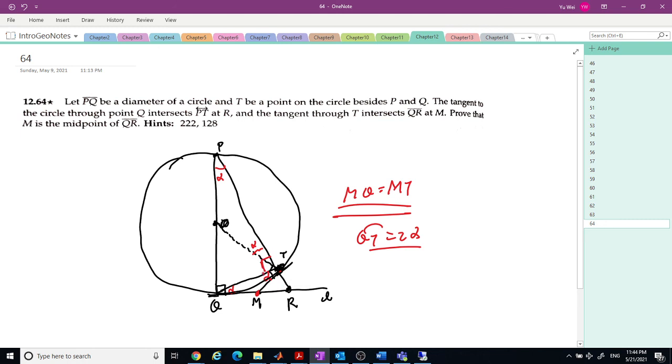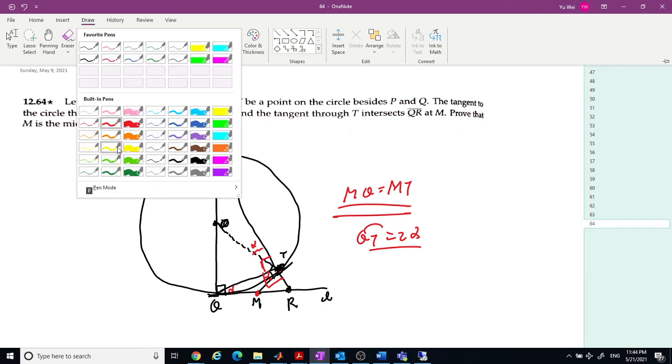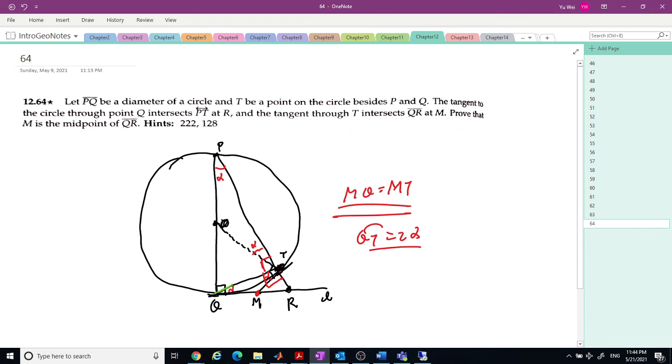Now we know this angle is 90 degrees, so the triangle QTR is a right triangle, right? And we also have QM equals MT.